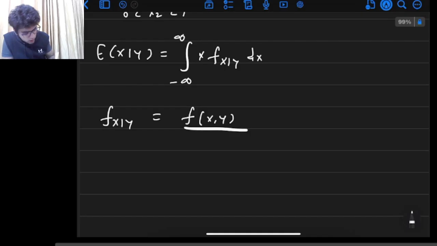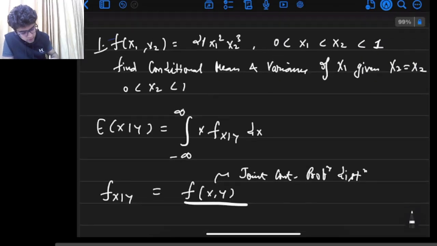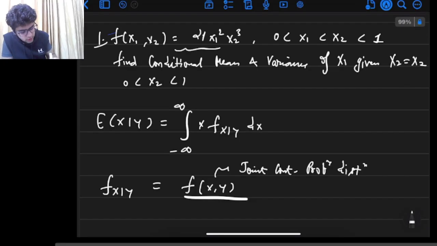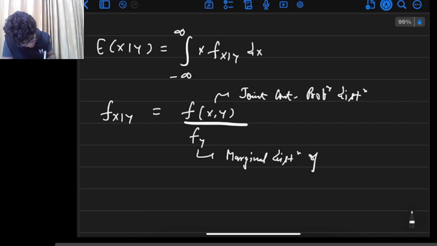f(x, y) is the joint continuous probability distribution. If I take the case that we have here, this is our f(x1, x2), and in the denominator we have f(y), which is the marginal distribution of y.